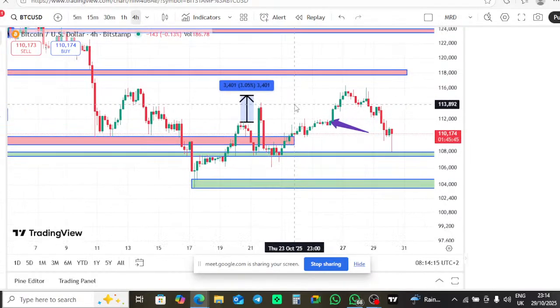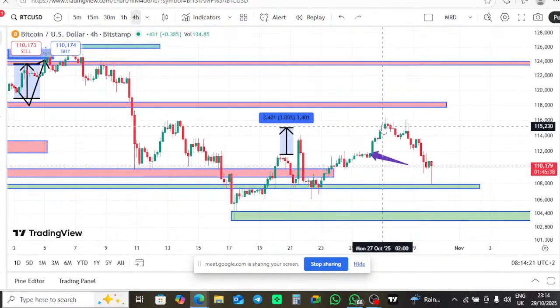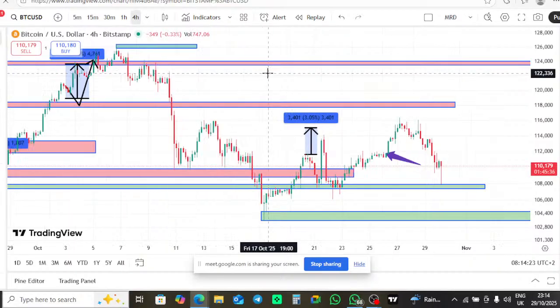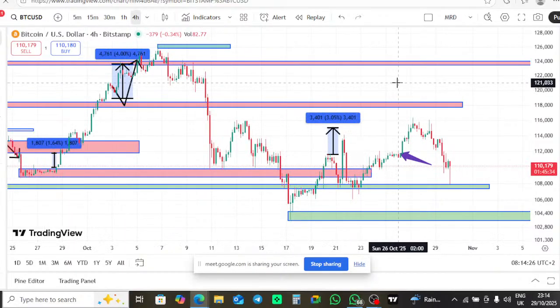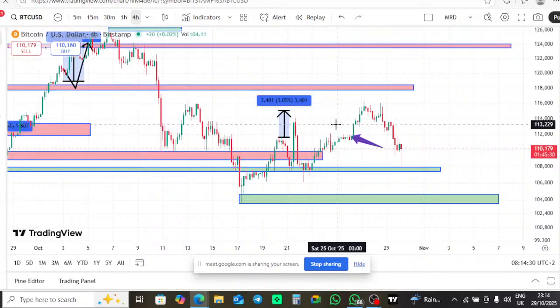So currently, as I told you, we must always first look at the Bitcoin. For those who are new, just know the Bitcoin, we can simply call it the mother coin.